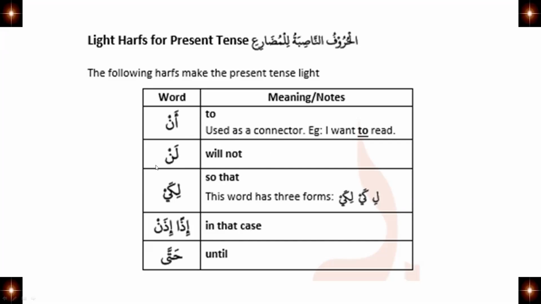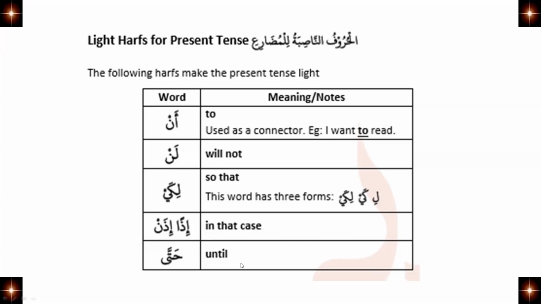An means to, lan means will not, likay means so that, idhan means in that case, and hatta means until, okay? So they have their literary meaning, and they also have their grammatical impact. So you need to know both, so that the language is not just like that. Anything you bring in must have a grammatical change, so that you will be able to differentiate between a word that is not preceded by an and a word that is preceded by an.